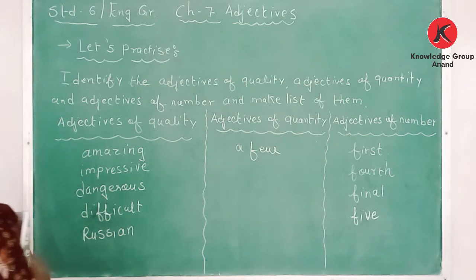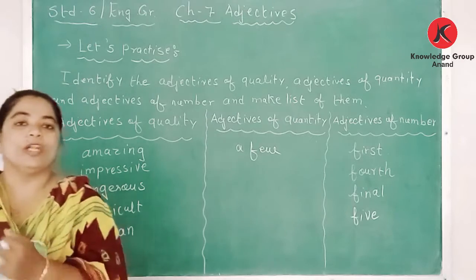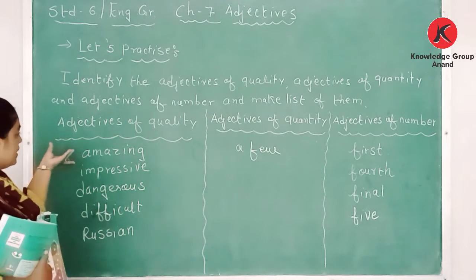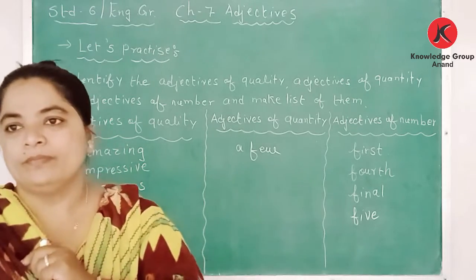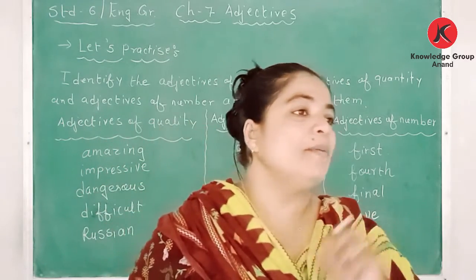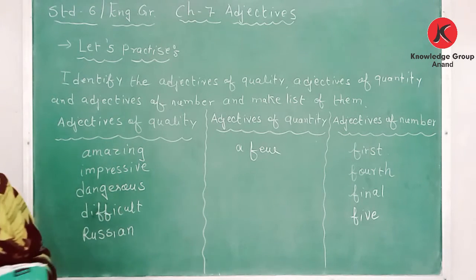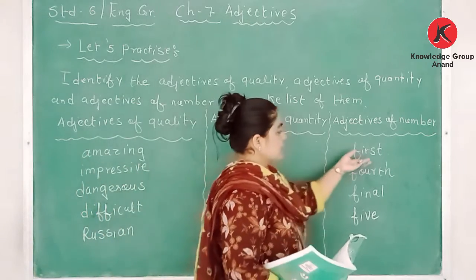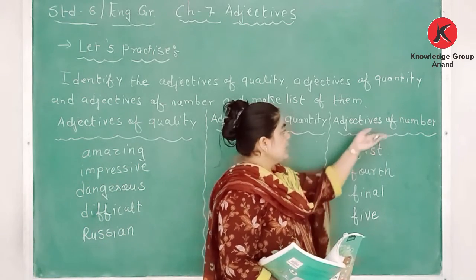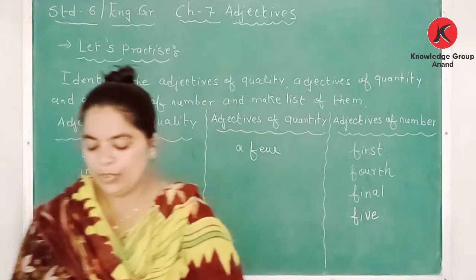The word amazing is an adjective of quality, because she is an amazing person. Secondly, first is an adjective of number, a countable noun.